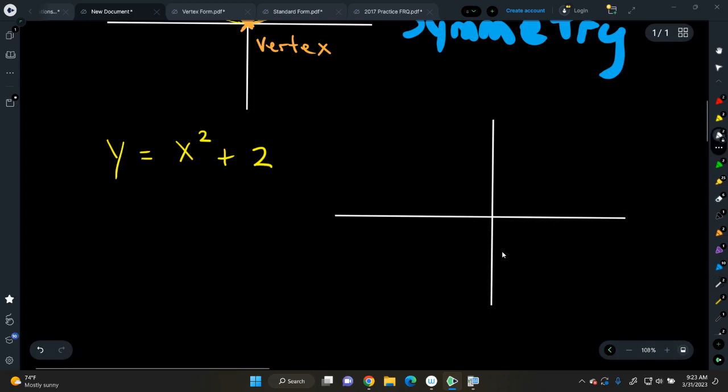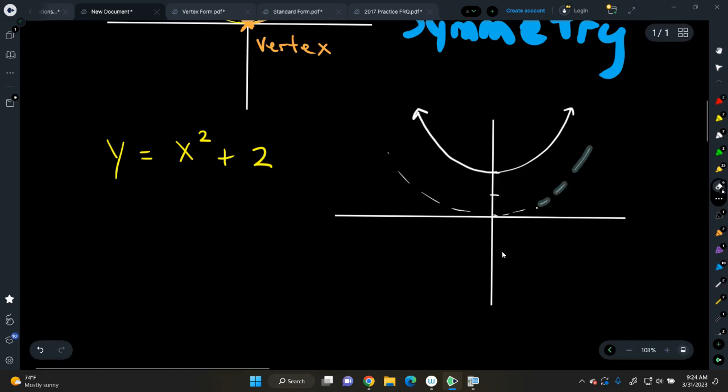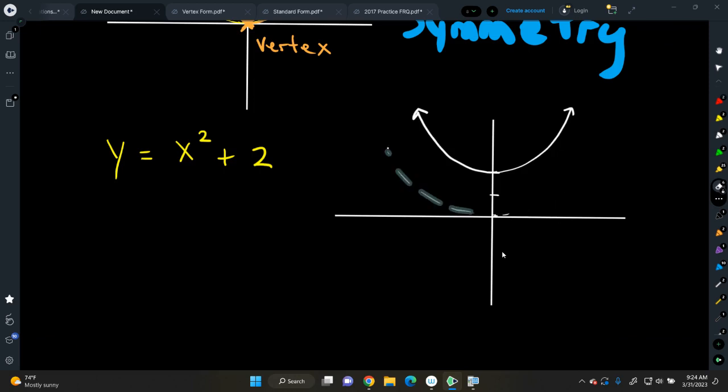We go up 2. Yeah. So here's just the plain old x squared. I'm going to move it up 2. And now we have a parabola that looks like that instead. Okay, that's my y equals x squared plus 2. It's going to slide up 2.